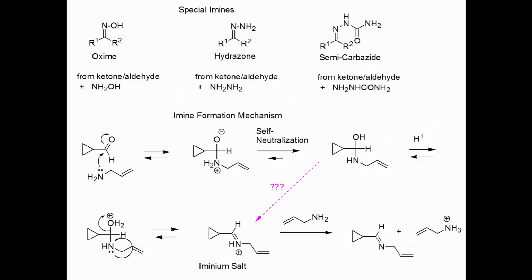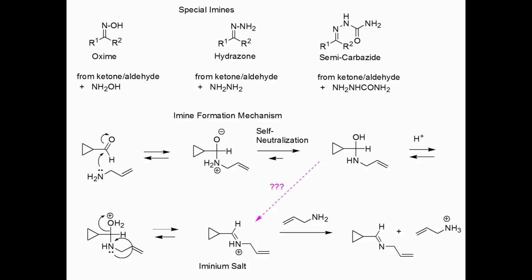Okay, these are some special imines. These are historically important. They arose back before advances in spectroscopy, when it was hard to characterize compounds. Ketones and aldehydes are very often liquids, but when you turn them into their imine derivatives, many of the derivatives you form can actually be solid.